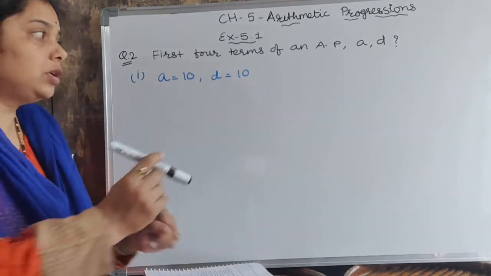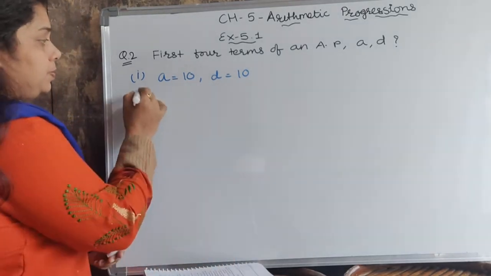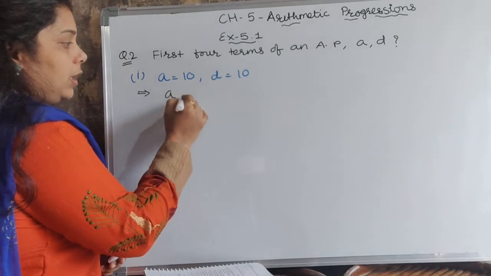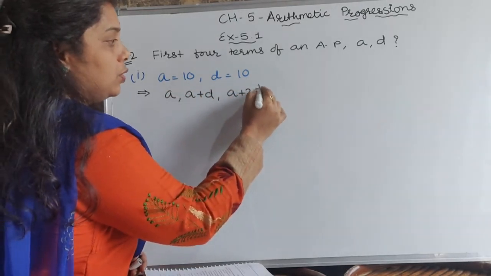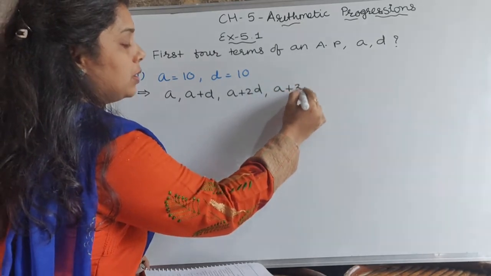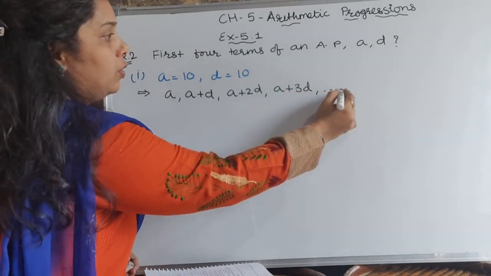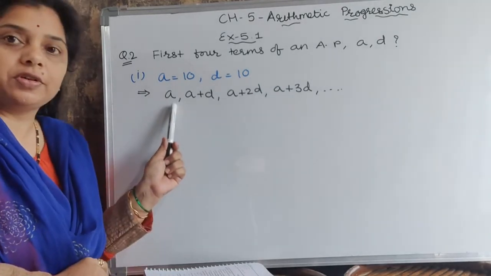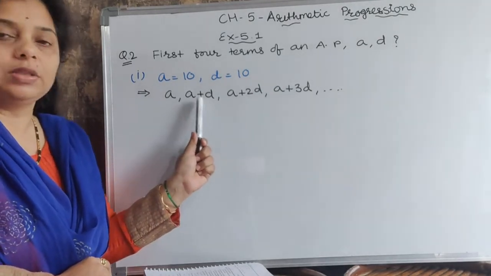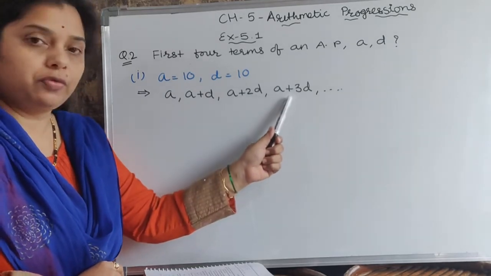As you know, the general term of an AP is A, A plus D, A plus 2D, A plus 3D, and so on. So from this we can say this is the first term, this is the second term, this is the third term, and this is the fourth term.